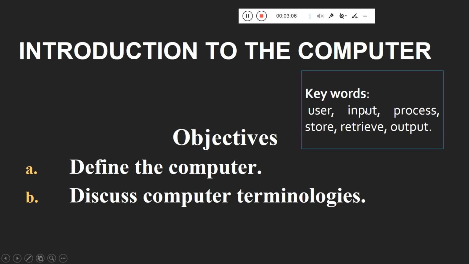Some keywords that you should understand by the end of this lesson: we've got the term user here. There is another one called input, process, store, retrieve, and output. By the end of this lesson, we should be able to understand these terminologies.